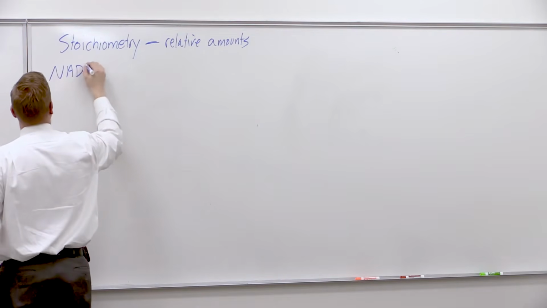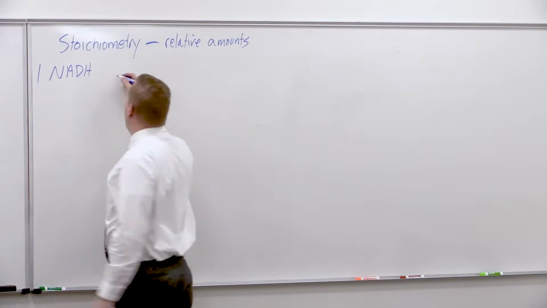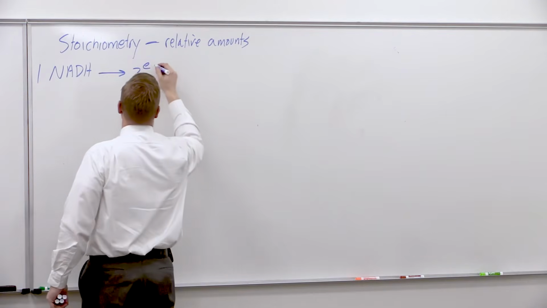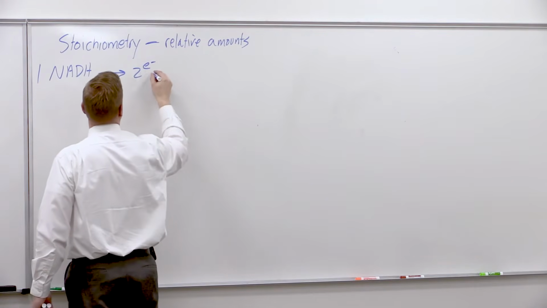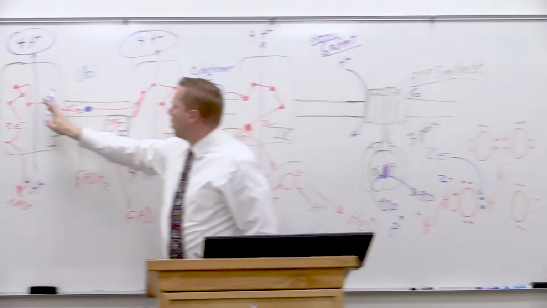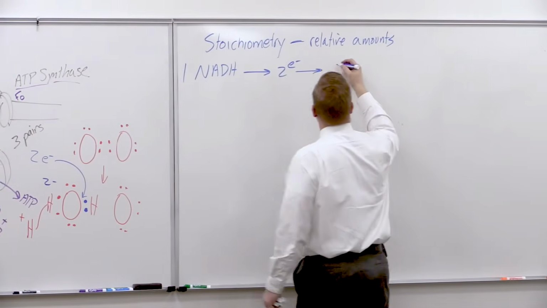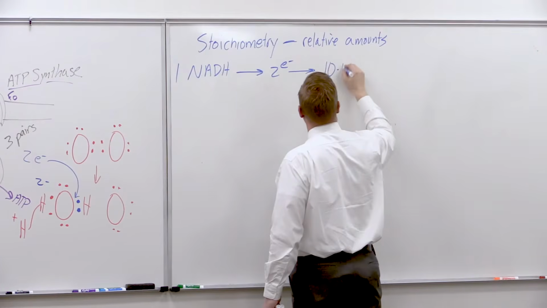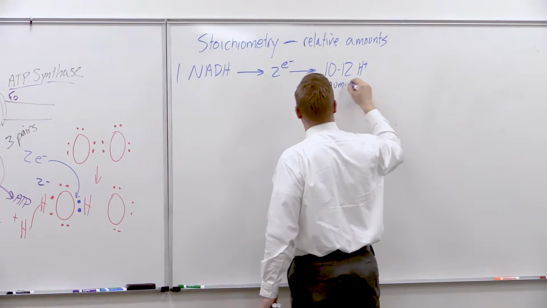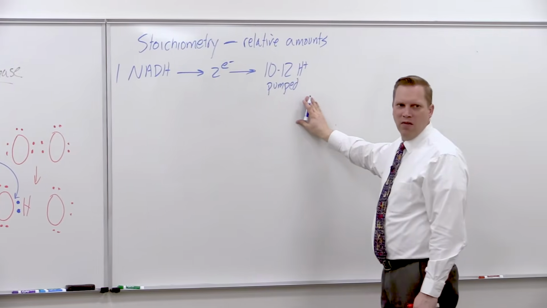Every time we put one NADH through the electron transport chain, realize that one NADH produces 2 electrons. And those 2 electrons, as they move through complex 1, 3, and 4, produce about 10 to 12 protons pumped into the inner membrane space.